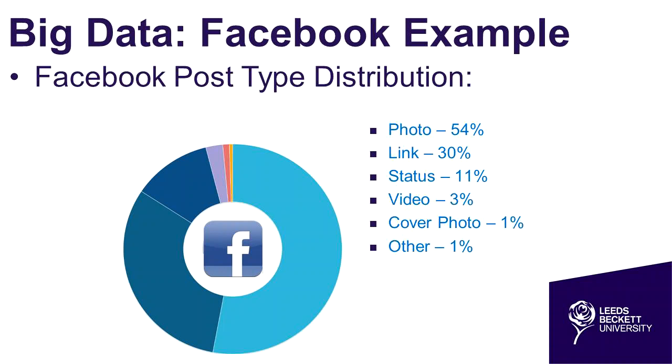Just to give you an idea of what kind of data is on social media, for Facebook, for example, we have that pie chart on the screen. You can see that the variety of data handled by Facebook is things like photo, link, status, video, etc. But all of this cannot be stored using a traditional database, at least not effectively.